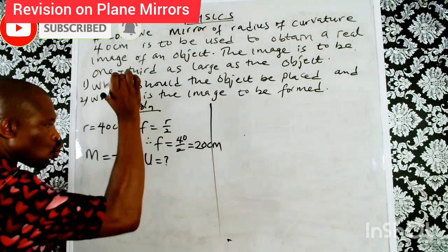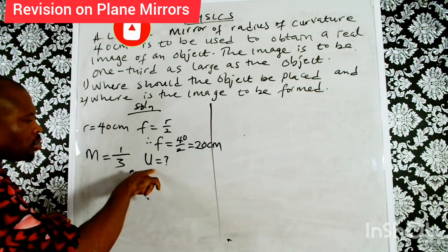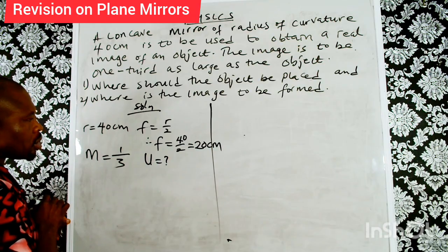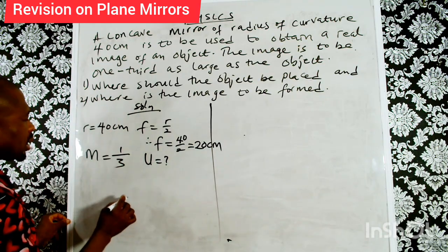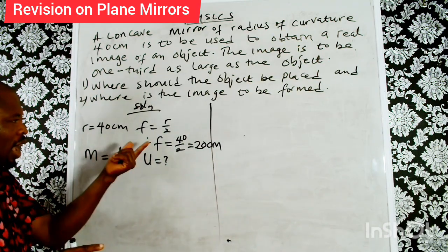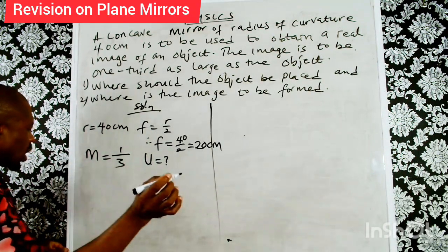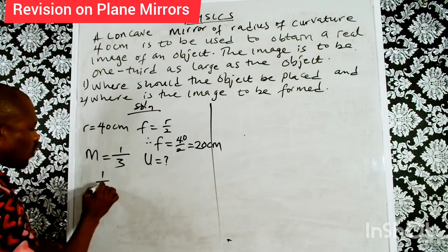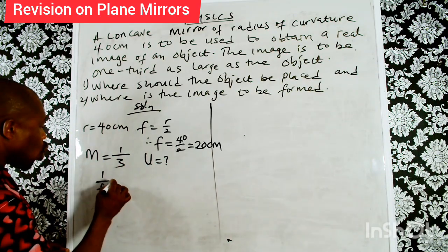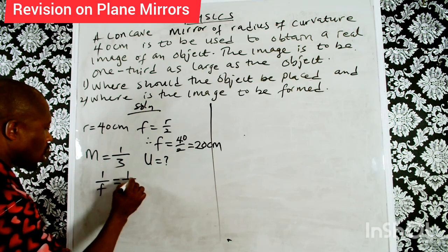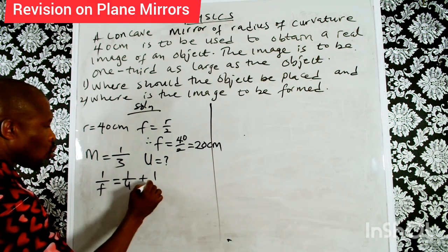That means we are looking for the object distance U. Now, anytime you have F, you have U, common sense will tell us that from the relationship, 1/F is equal to 1/U plus 1/V.